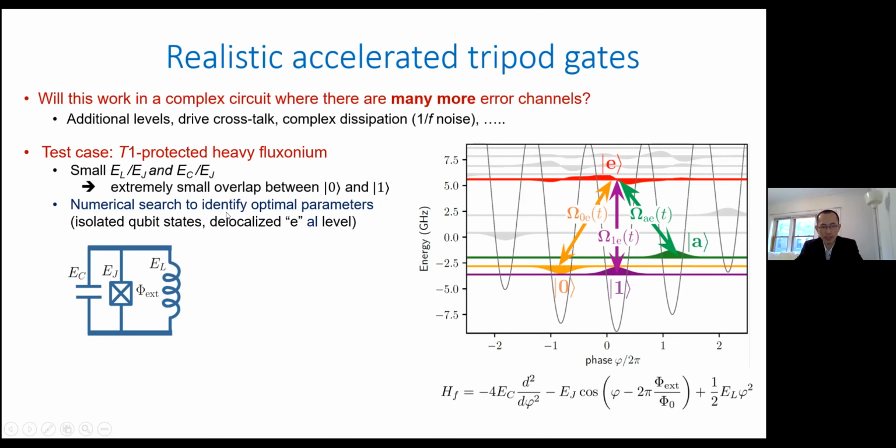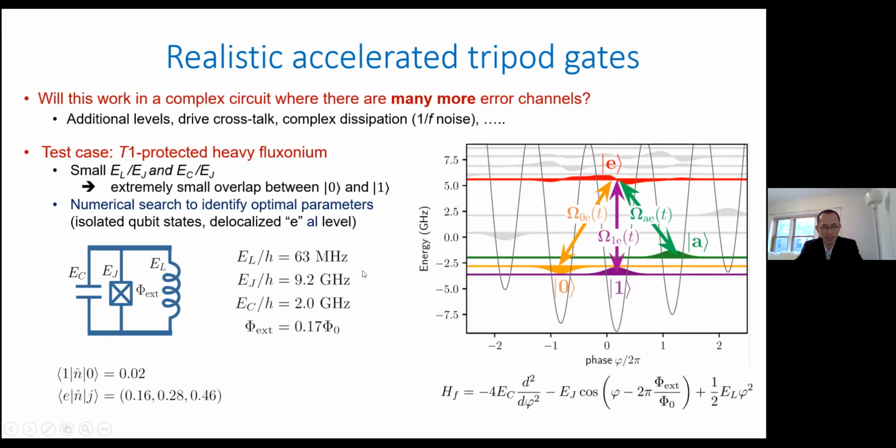Moreover, we also need an excited level that is delocalized over the 3 wells, such that the coupling between the lower levels and the excited level is large. We can perform a numerical search to identify optimal parameters, and these are the parameters that we get.